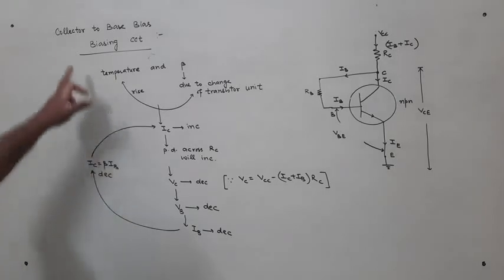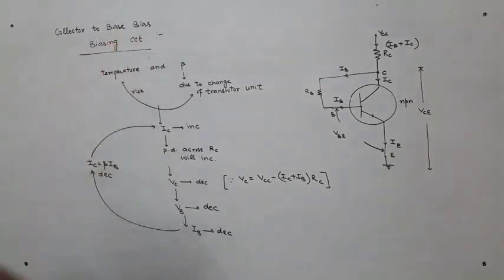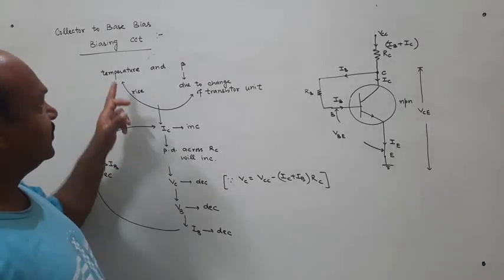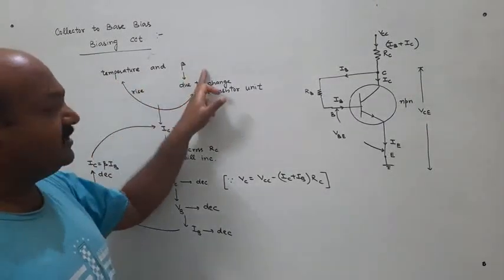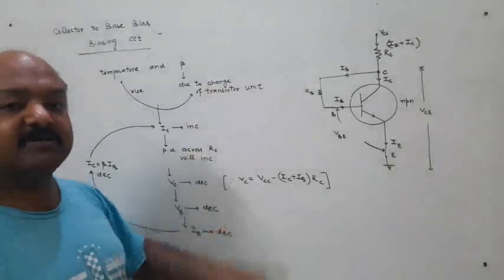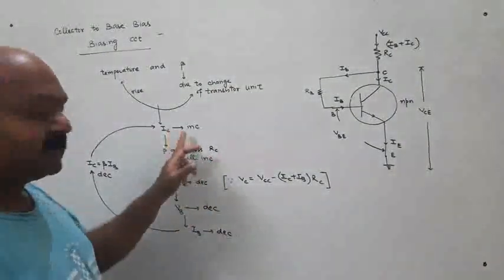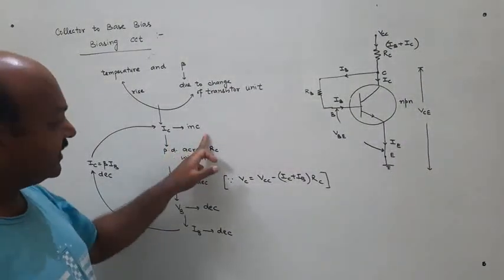So in this way, the collector to base bias circuit stabilizes any change due to temperature and any change of transistor beta. Both are compensated if IC increases.